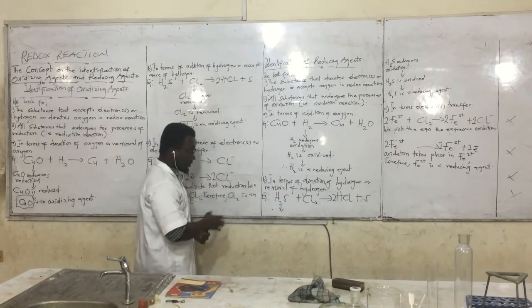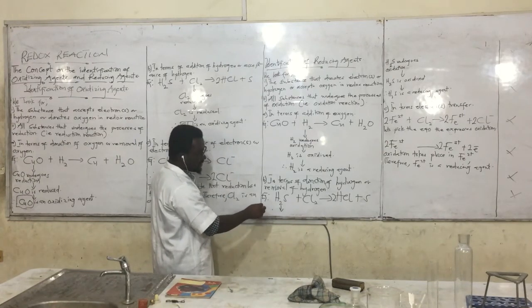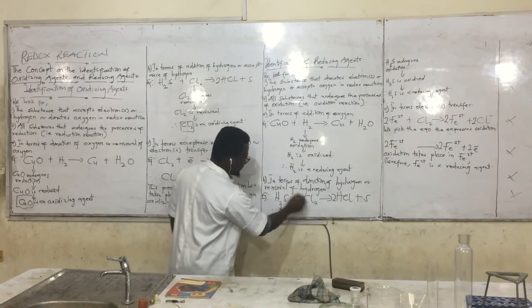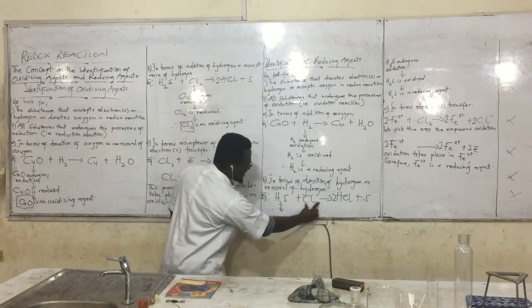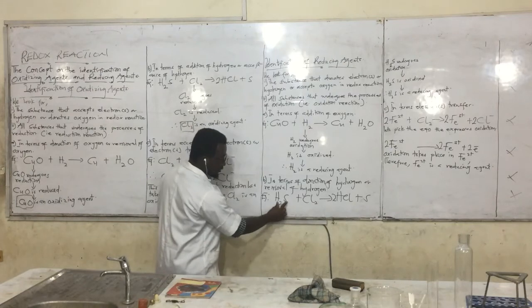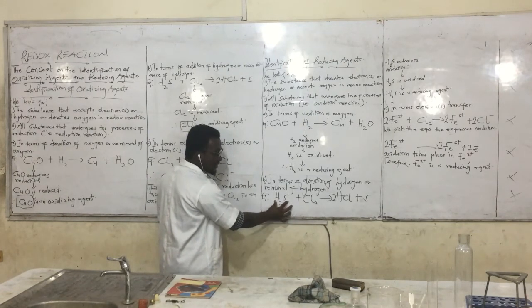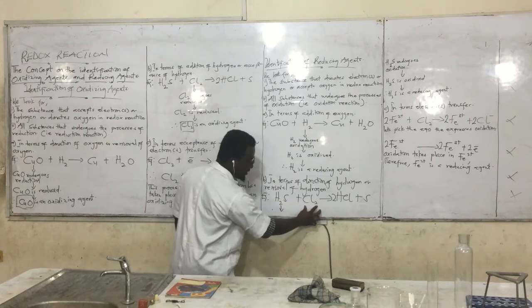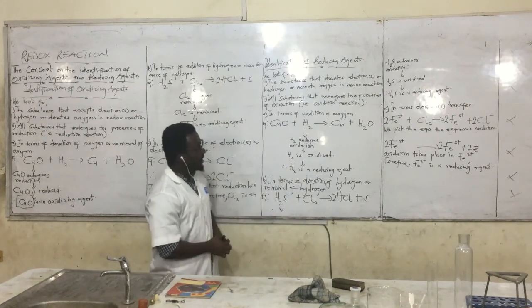We pick the second example, which is H2S plus chlorine produce hydrochloric acid. What does it mean? Let's look at it. We remove hydrogen from this place and then add it to chlorine. So it means H2S donated hydrogen to chlorine to form hydrochloric acid, and the equation is balanced nicely.